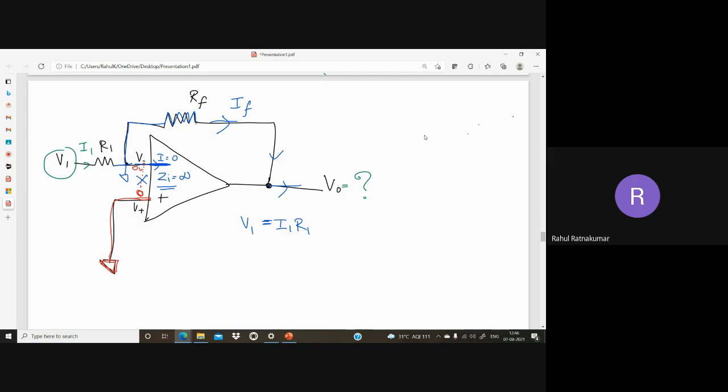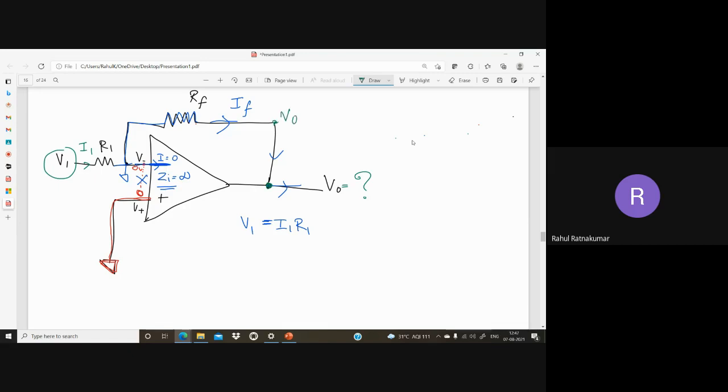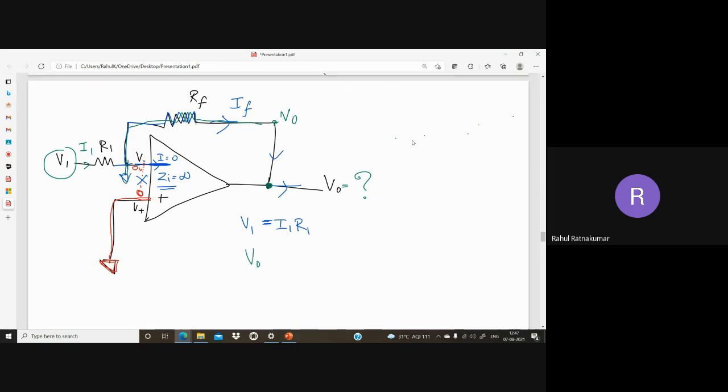Again, we can apply Kirchhoff's law from the output side to the ground. That means V output equal to minus IF into RF.